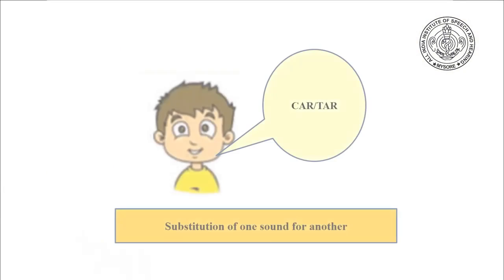When this does not happen and the difficulties in pronunciation persist, it is referred to as speech sound disorders or articulation disorders. Such children tend to substitute one speech sound with another, for example, saying tar for car, or they might omit some sounds from words, such as saying ar for car. Overall, their speech is unclear and difficult to understand.